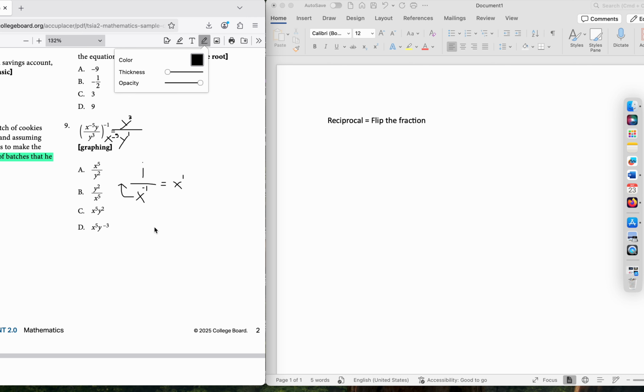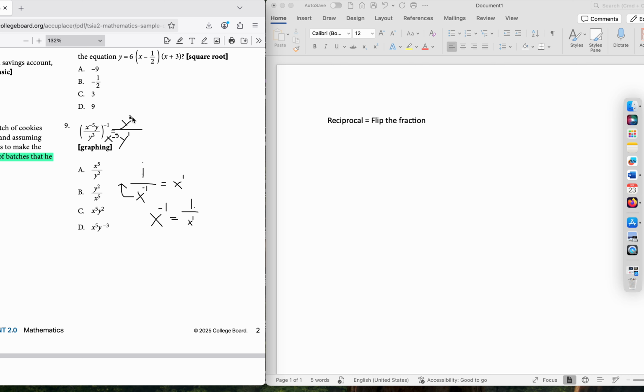Another way of getting rid of a -1, right, is x to the -1st power. To get rid of this, we want to bring it down into the denominator. So another way of writing x to the -1st power is 1 over x to the 1st power. All I did was bring this down here, and I flipped the sign. Same thing here. I wanted to get rid of this negative sign, so I moved it up and flipped the sign. So using that property, let's take a look at the reciprocal.